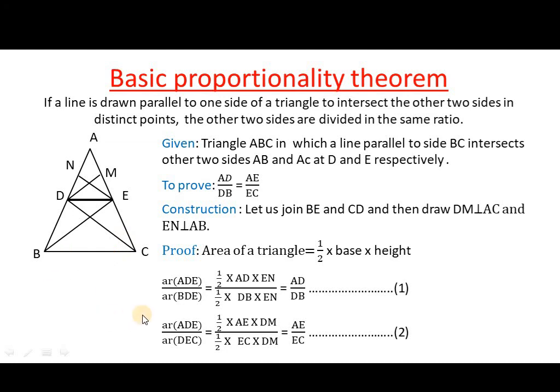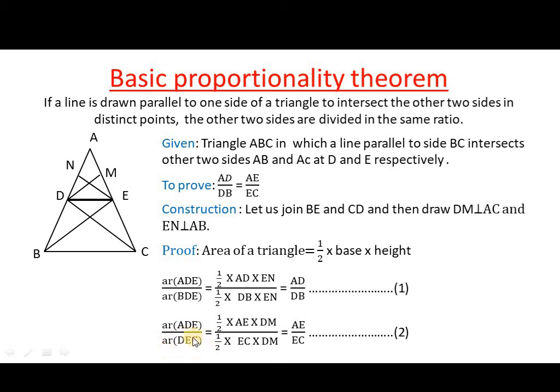Now let us take the ratio of the areas of ADE and DEC. The area of ADE is half into base AE and height DM.